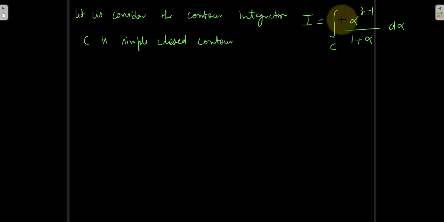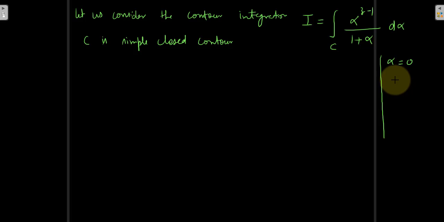What points do you need to keep out of the region inside C? That point must be any possible branch point of this. And we know that there is a branch point of this, and that branch point is at alpha equals 0. So how is that a branch point?